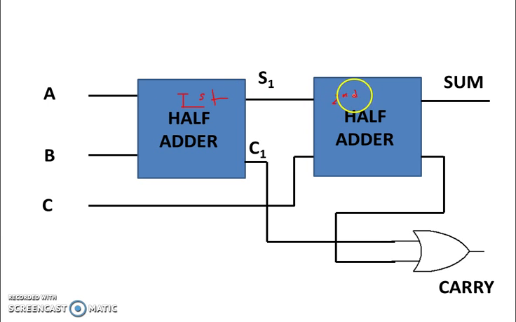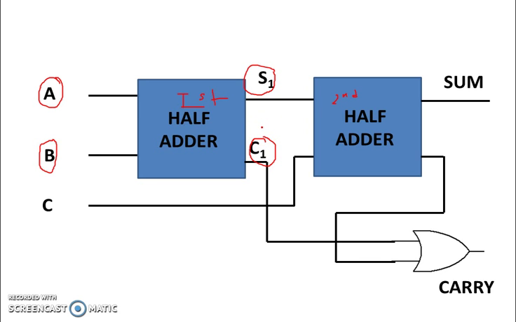The first half adder takes inputs A and B and gives an output S1, the sum of the first adder, and C1, the carry, another output of the first half adder.